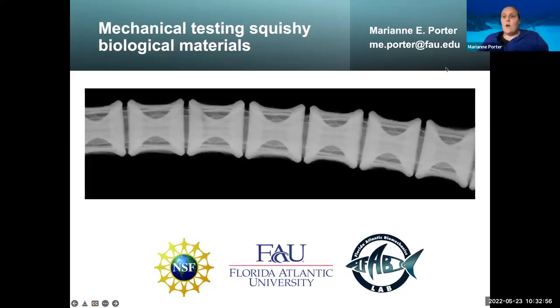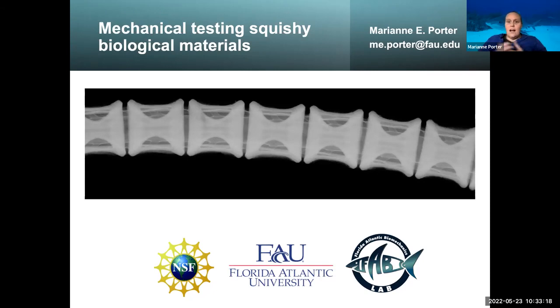Great. So I'm going to follow up a little bit. We've learned how to find our reference length. Now I'm going to talk a little bit about how to do some testing. I study mineralized cartilage, so we're going to be using those vertebrae as an example for how to do this.